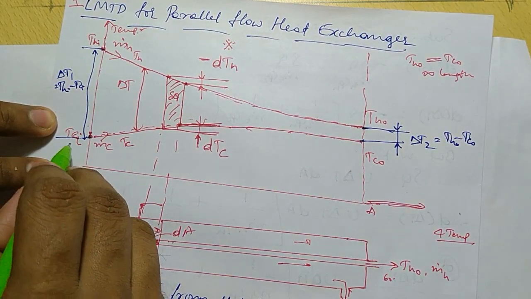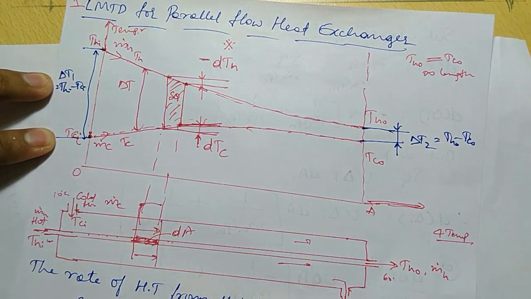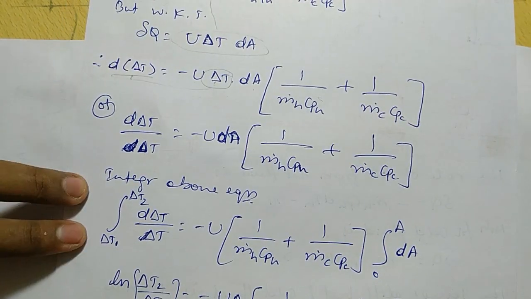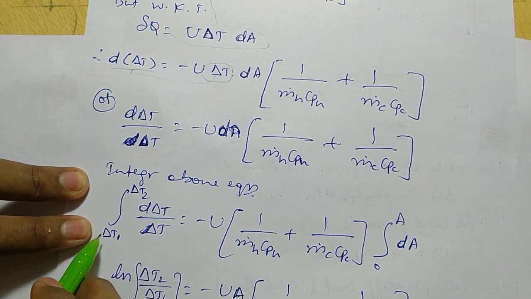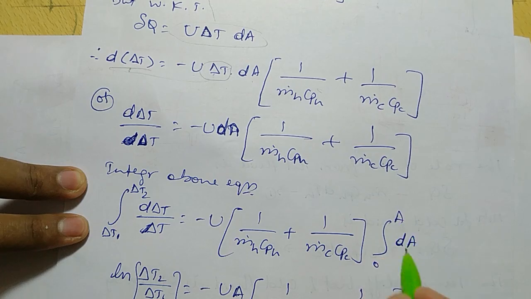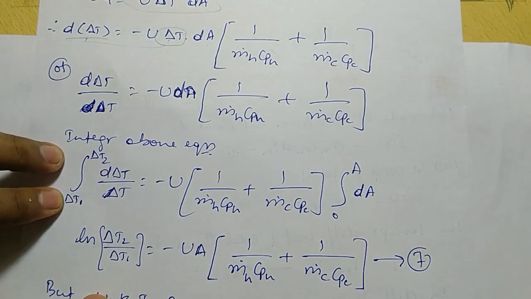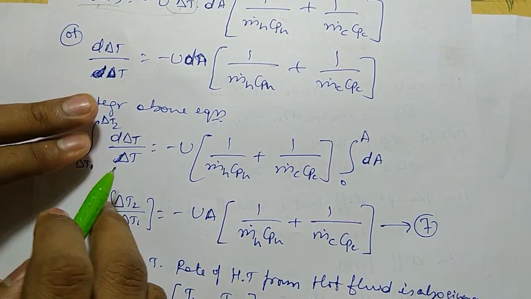Integrating from delta T1 to delta T2, the same limits are taken here, and integration from 0 to A over the area dA. Now do the integration.